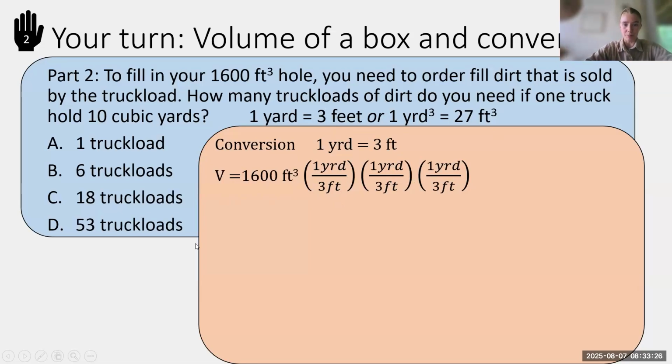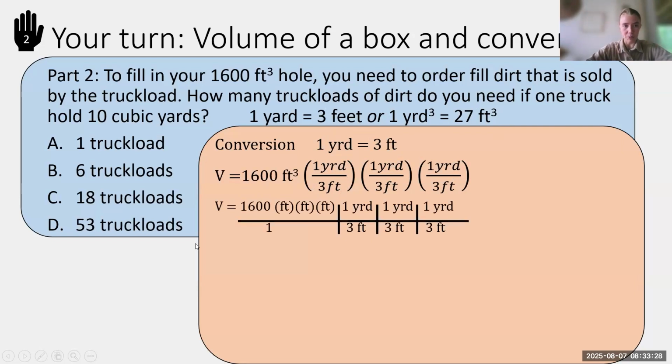So if we do that, put that into our grid format here, cubic feet is just feet times feet times feet, so you can break this down. We've got 3 different feet units on the top, 3 feet units on the bottom. Those can all cancel out. And if we multiply across the top of this equation, we're going to have cubic yards left over because we have yard times yard times yard.